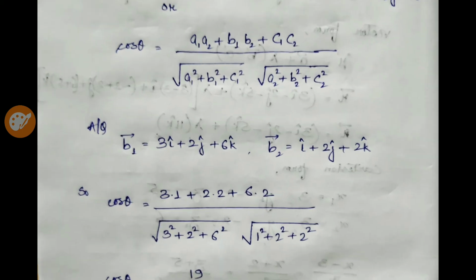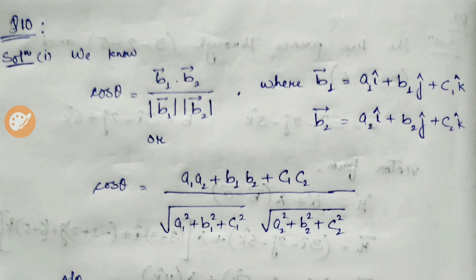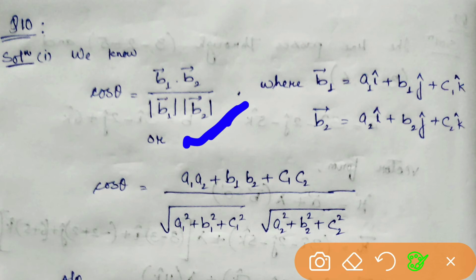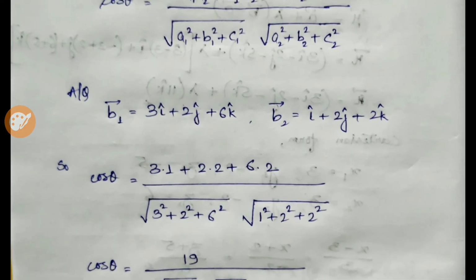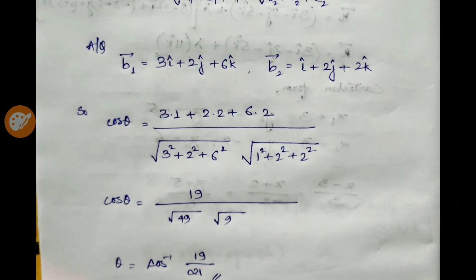Question number 10 says find the angle between the following pair of lines. I'll do one, and the other one you will do yourself. So question number 10 part 1. If you are talking about the angle between two lines, we use this formula, which we already know. Here b1 and b2 are parallel vectors to the given lines.